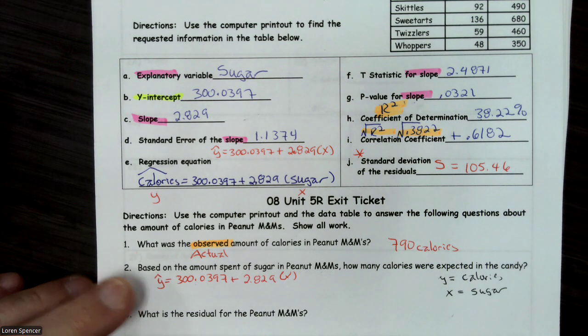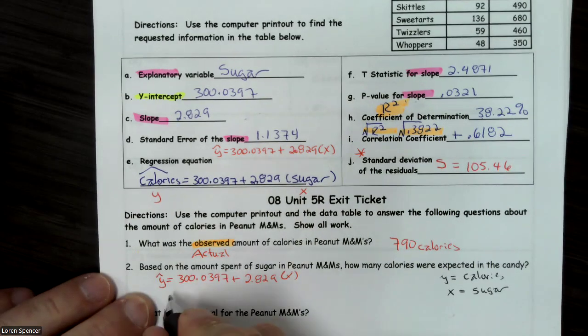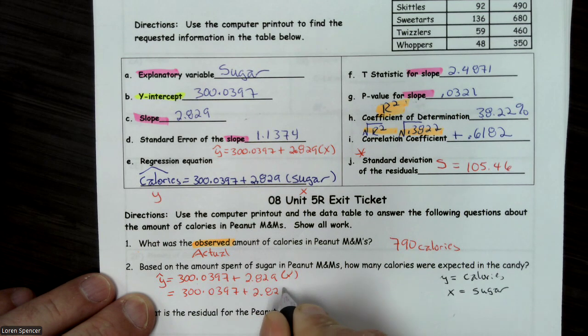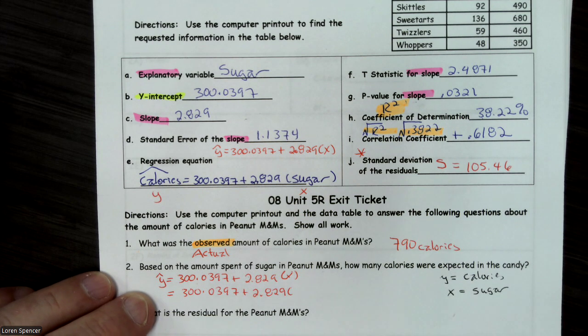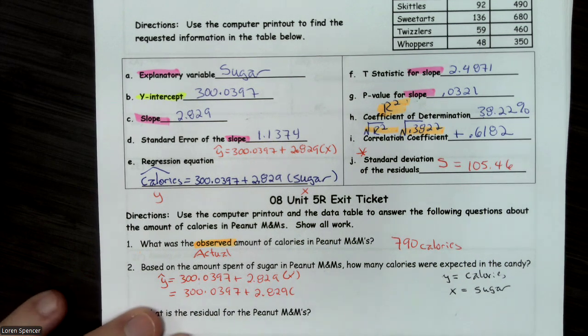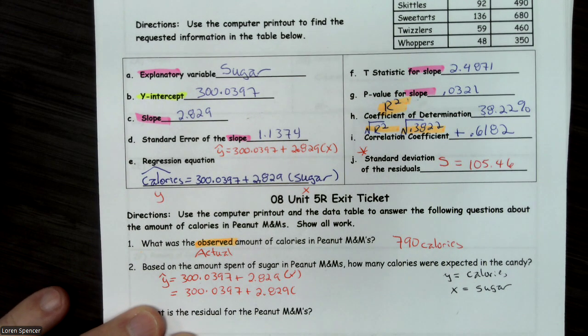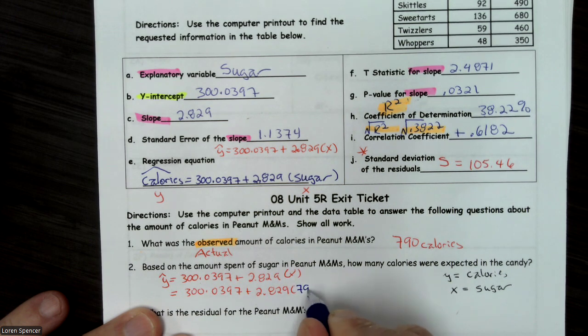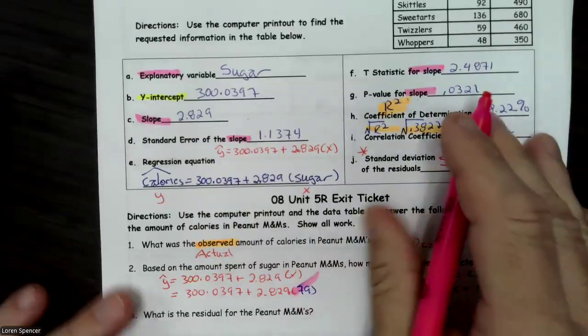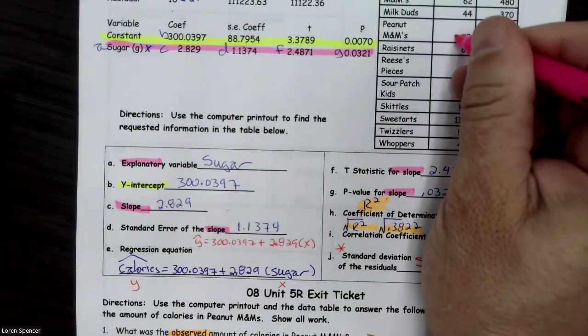So this should equal 300.0397 plus 2.829 times 79, and that came from right here.